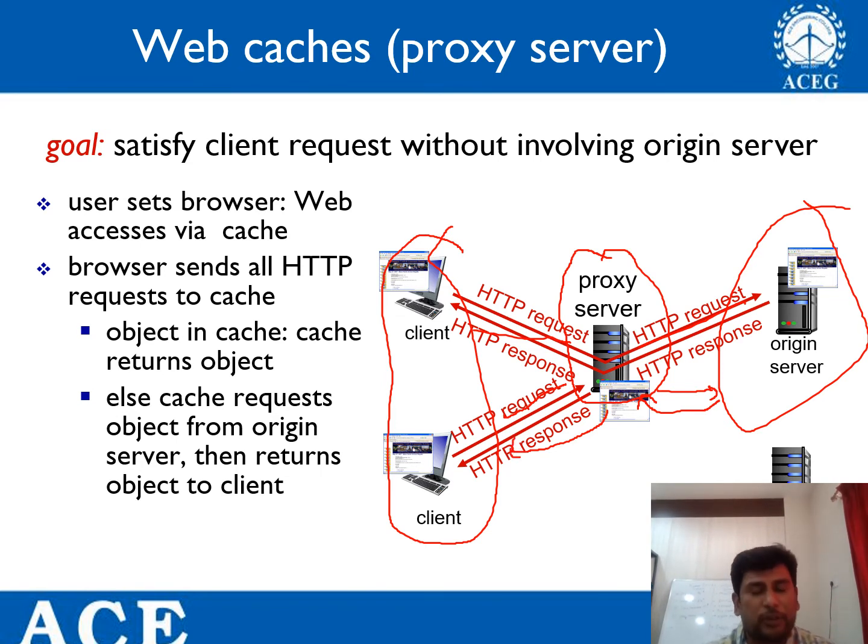So what we mean is, whenever a client accesses certain web pages, the proxy server stores the contents in its cache memory, and whenever the request is repeated, it will directly send that content instead of sending the request to the origin server again. If it does not have that content, it will act as a client, receive the content from the origin server and respond back to the client.